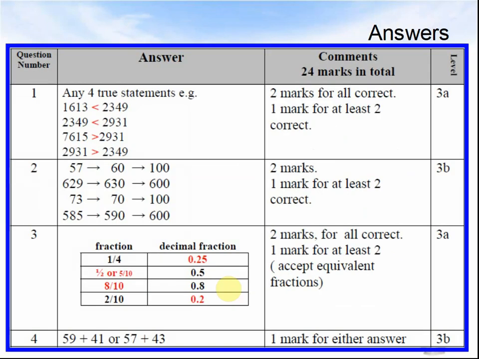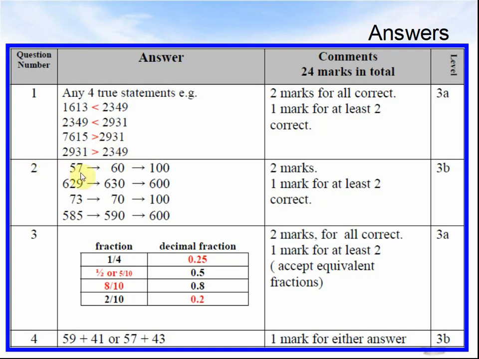The answers. Question 1. 1,613 is smaller than 2,349. There may be other answers as well. 2,349 is smaller than 2,931. 7,615 is bigger than 2,931. 2,931 is bigger than 2,349.